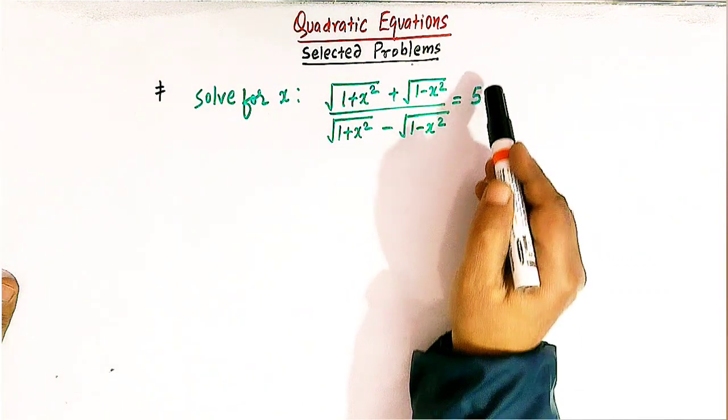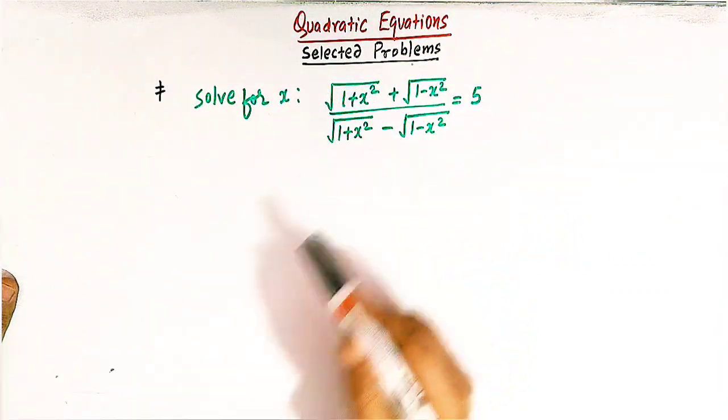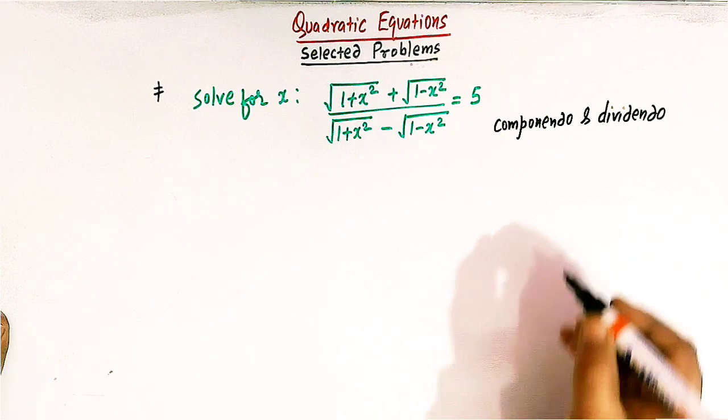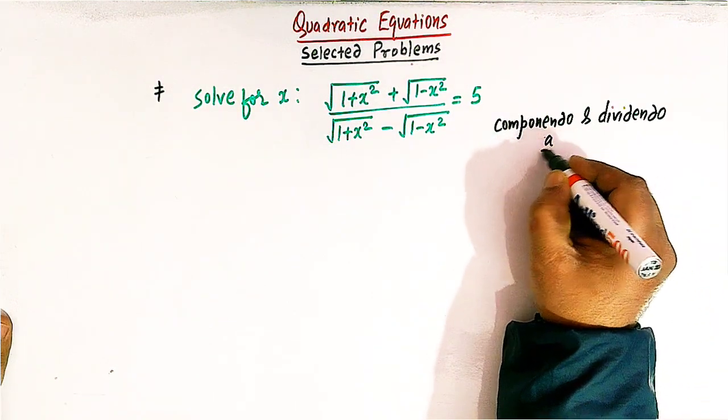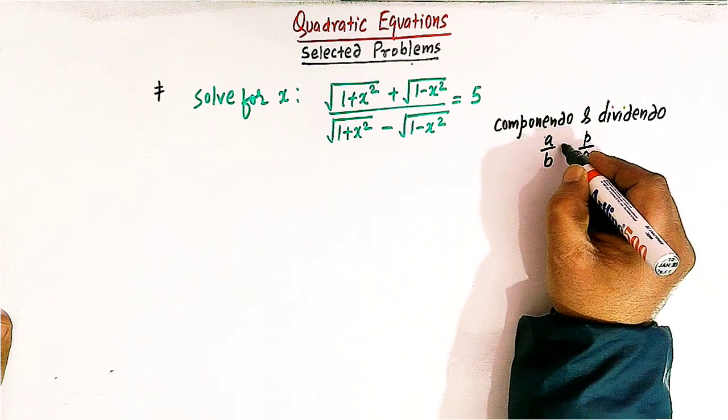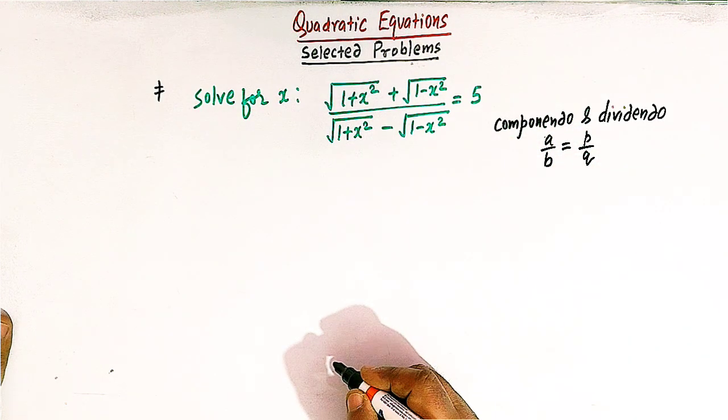Now we'll solve this equation with the help of an important concept known as componendo and dividendo. Let us first quickly see the concept. Suppose we have two ratios A over B and P over Q, and these two ratios are equal to each other.